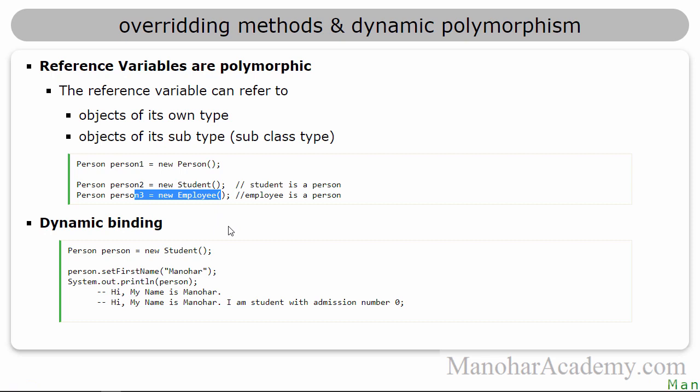Also in this case, whatever overridden method is present in the employee class is called, not what is in the person class. So the implementation of the method that is called will be decided at runtime, and it will be the method that exists in the type of object, not the type of variable.